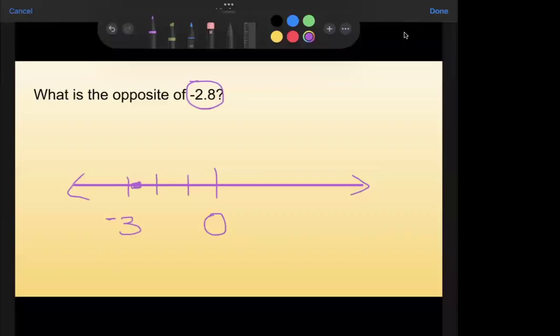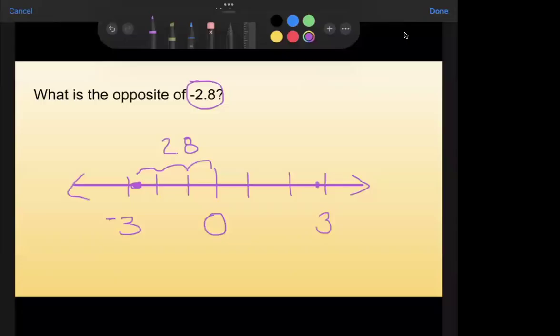Now I'm looking for the number that is the same distance away from zero, but on the other side. So I need it to be 2.8 units away from zero, but on the positive side. So I'm going to go 1, 2, make this positive 3, and then put it right here, maybe for positive 2.8. So that means the opposite of negative 2.8 is positive 2.8 because it's the same distance from zero, but on the other side of zero on the number line.